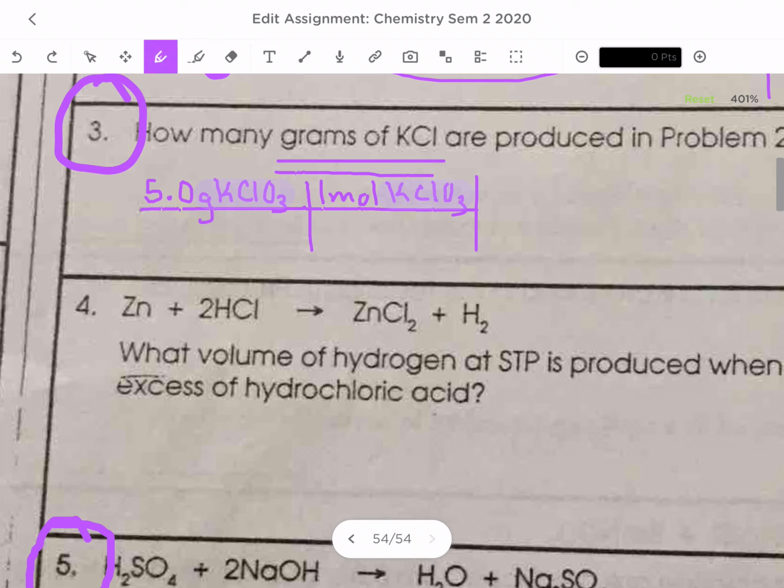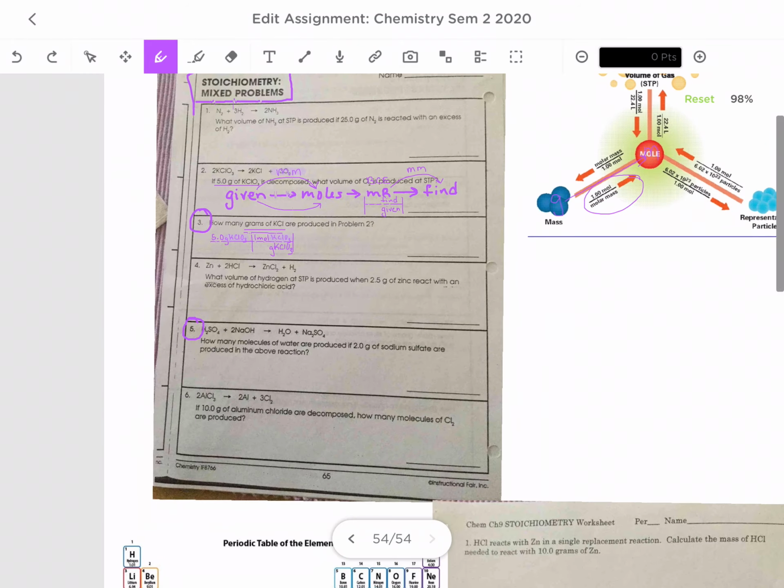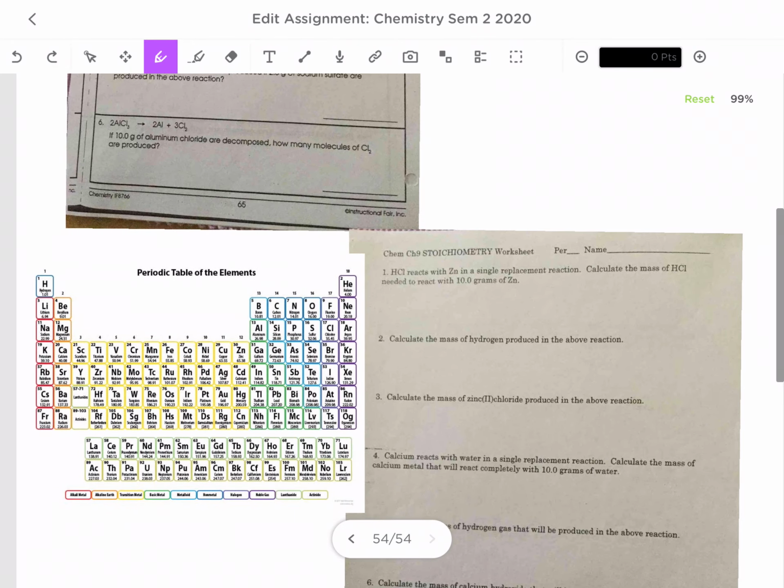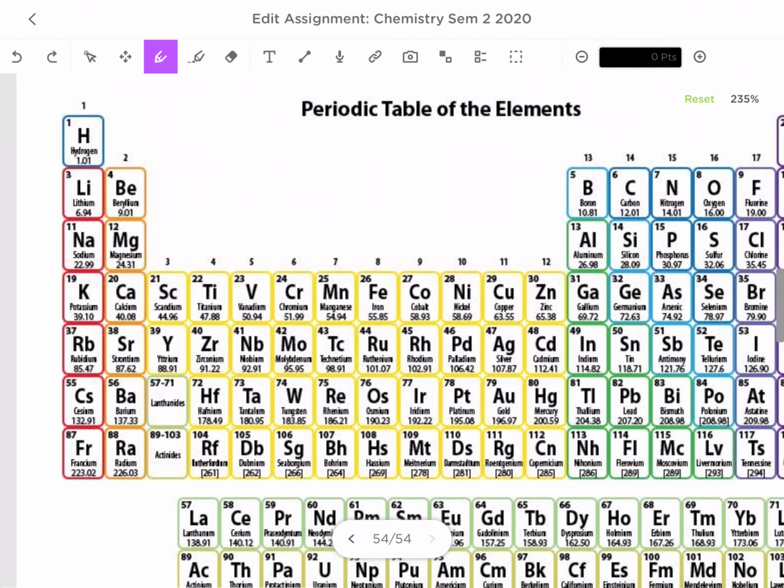Now on the bottom, I need the molar mass of KClO3, and I get the molar mass from looking at the periodic table. So I need to add up KClO3. Now, this is actually my third time making this video, so I already know what it is, but I'll run through it with you guys.